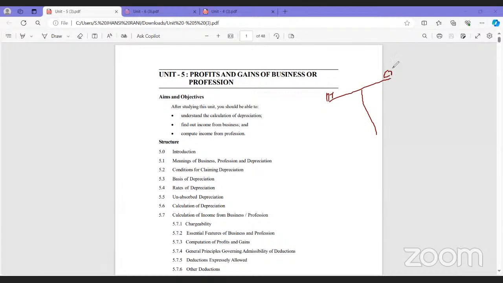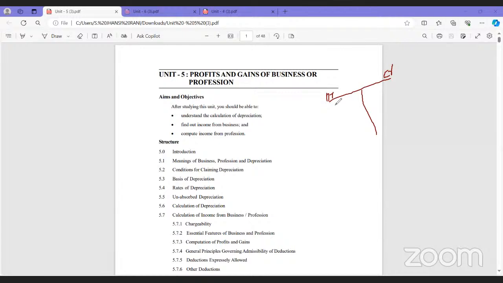In the profit and loss account, we write all the expenses and losses of the business on the debit side, and all the incomes and gains or profits on the credit side.